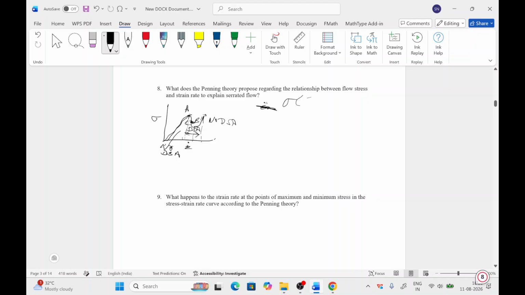Sigma as a function of strain rate is written as sigma equals sigma naught plus h epsilon plus sigma epsilon dot, strain rate. So h is the strain hardening coefficient.